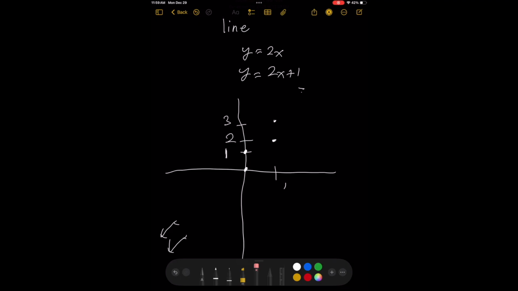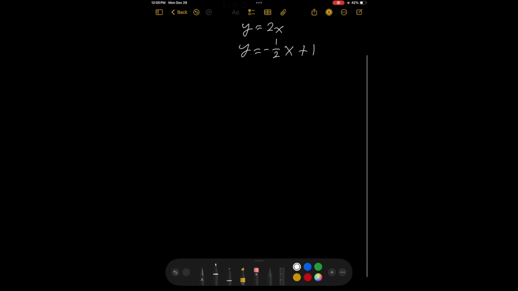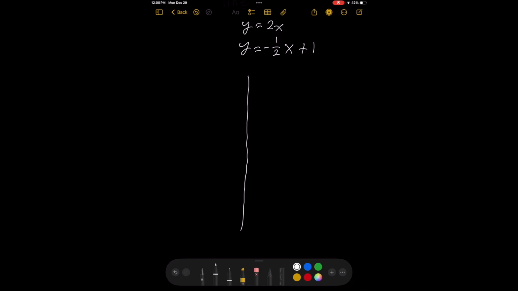Now, perpendicular lines, if you think about it, what they do is they flip direction, or they swap their slopes, and then they reverse the direction, kind of. Let me give an example of that. We already graphed y equals 2x.